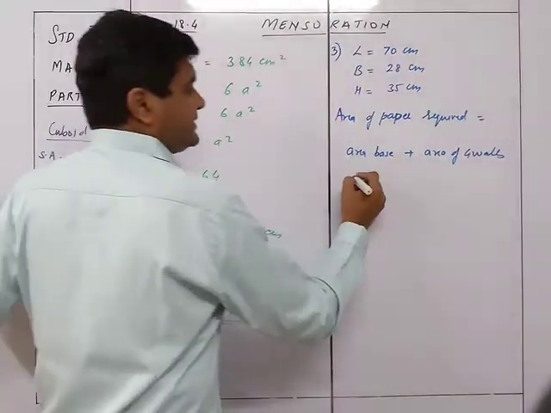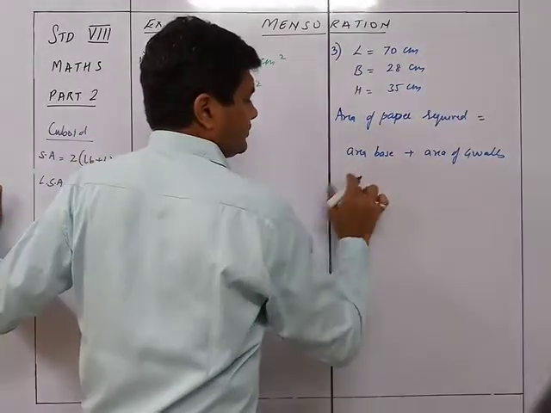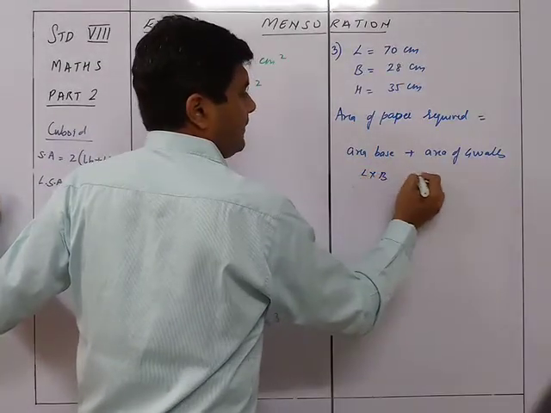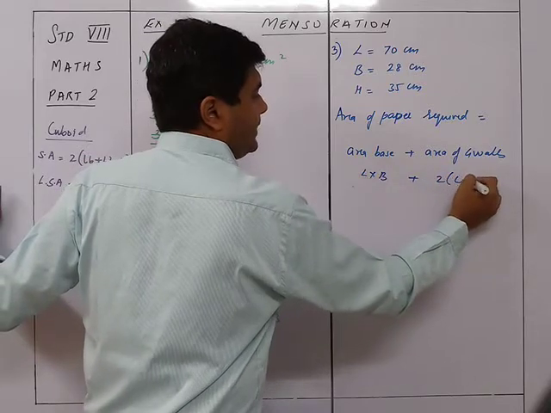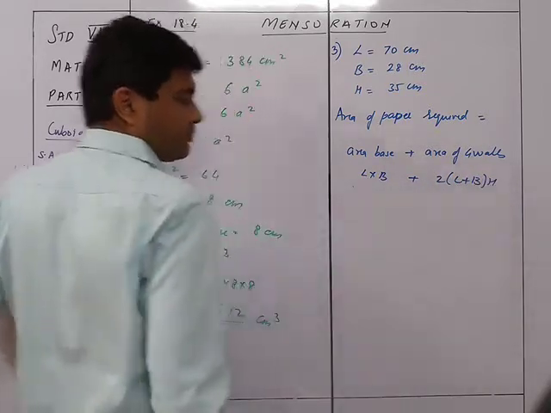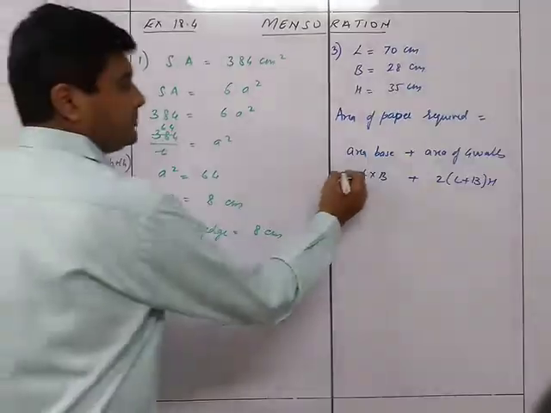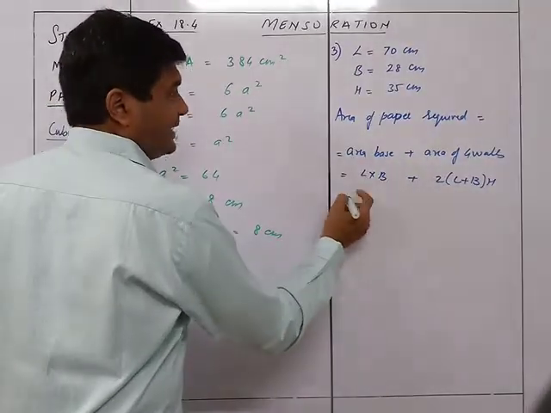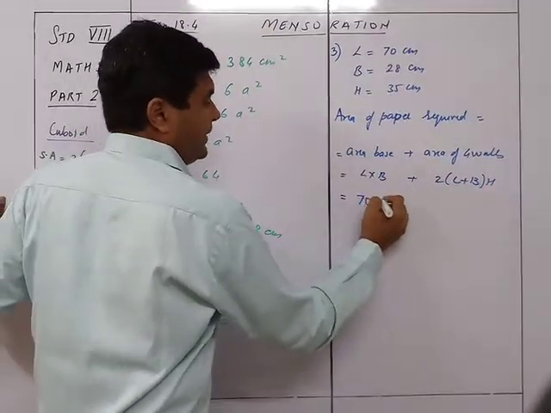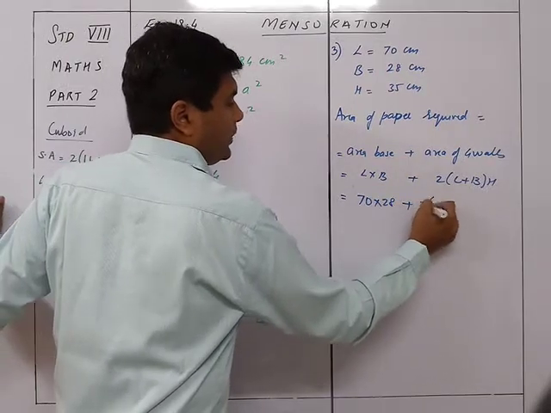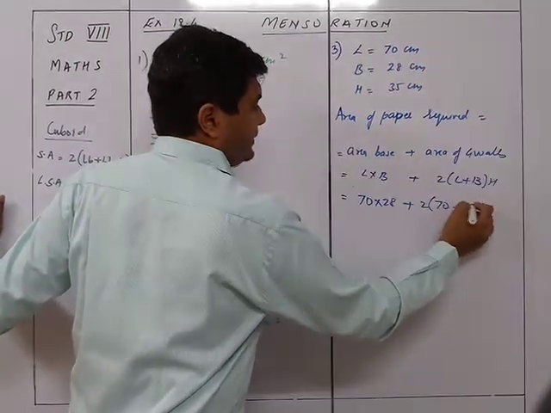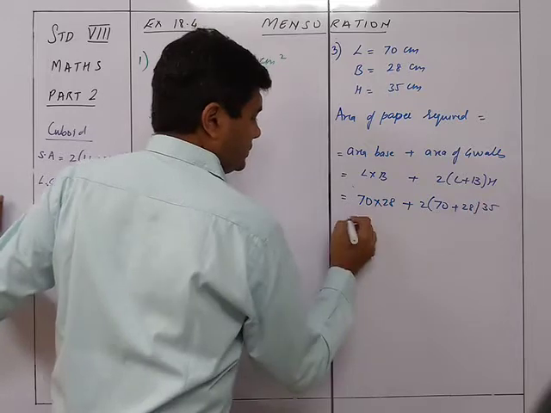So area of the base is length into breadth, whereas this is 2 into L plus B into H. So this gives us length into breadth, 70 into 28, plus 2 into 70 plus 28 into 35.